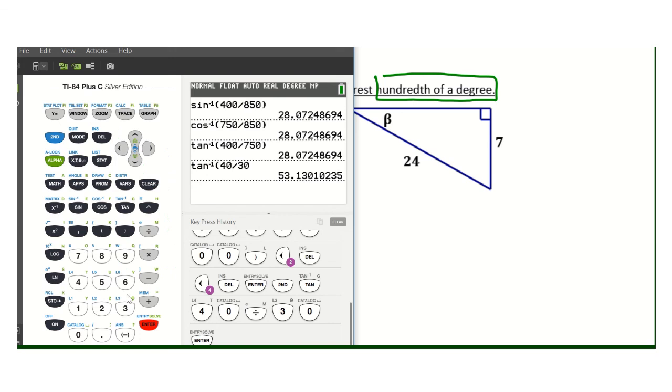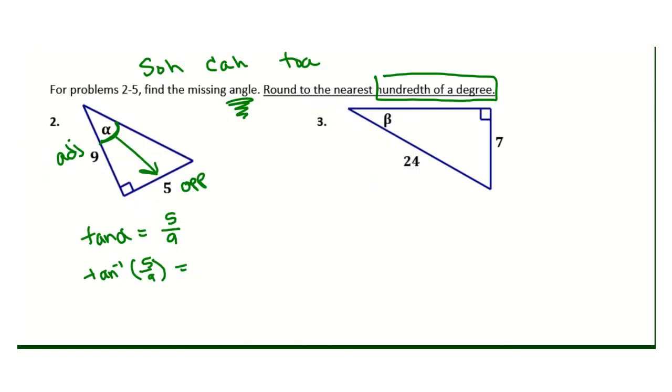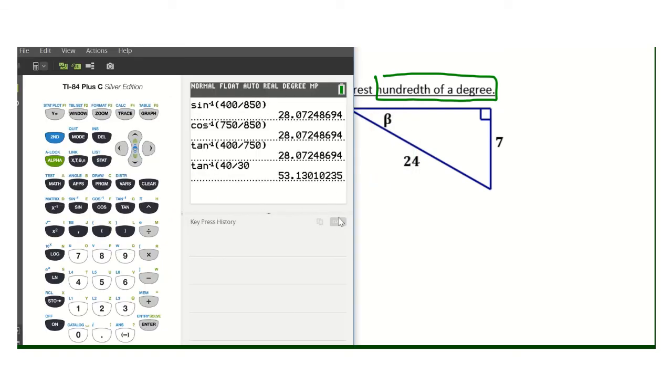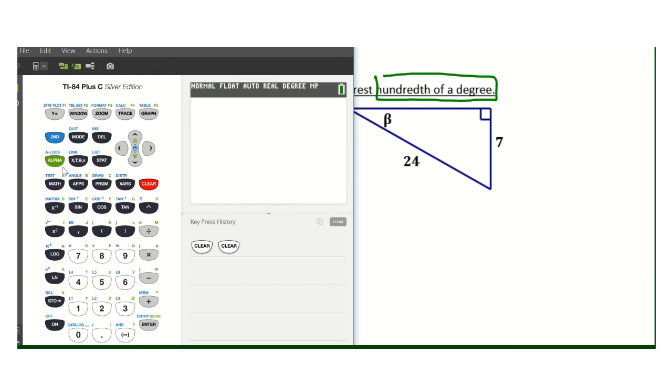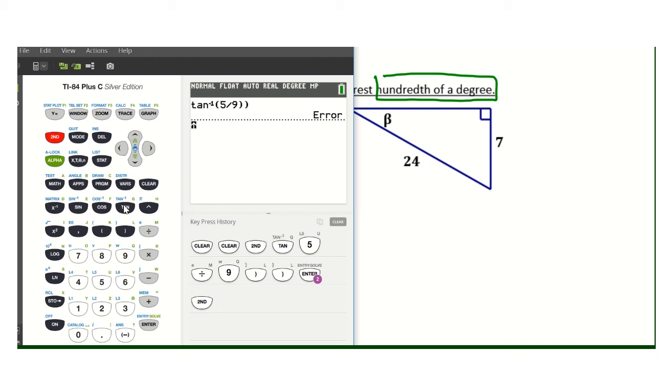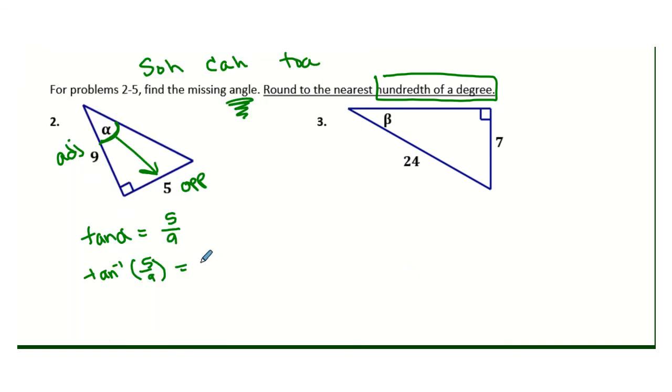So in my calculator, second tangent, 5 divided by 9. When you do this in your calculator, you get 29.05 degrees. So this is the measure of angle alpha.